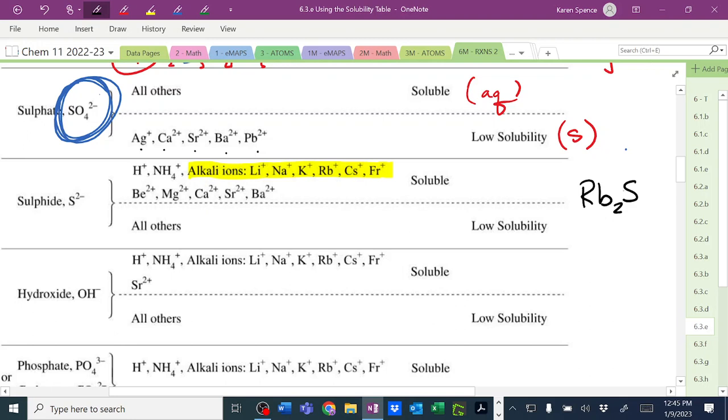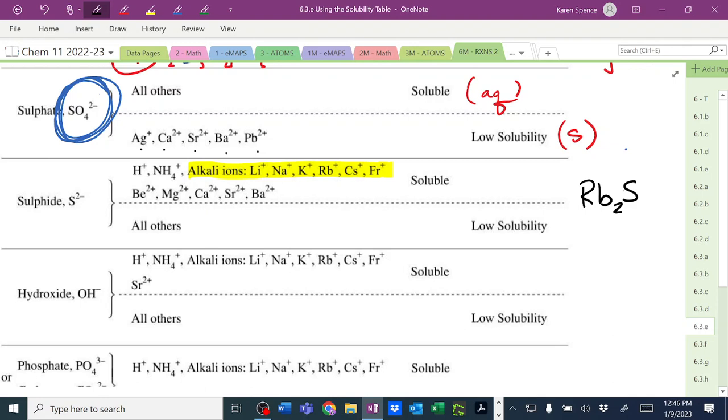And if this part was missing, people will look and they'll be like, oh, no rubidium, it must be solid, because they'll forget to think about the alkali ions. So this year I've been very kind to you and I've listed them out. Rubidium is soluble, but next year those will be gone. It'll just say alkali ions.